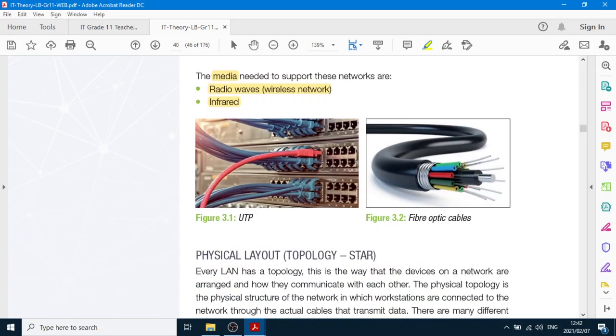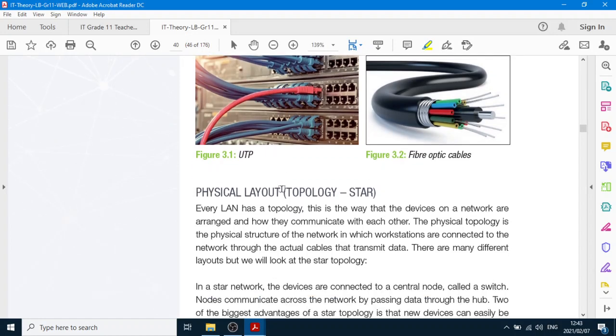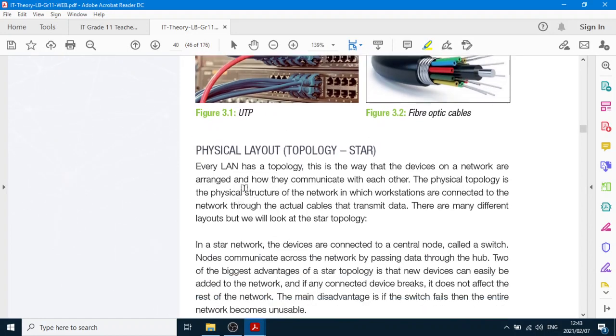So here's some nice pictures. The fiber optic cables have to be carefully packaged in a sheath, and then the UTPs, those RJ45 cables that plug into the switch. Telephone lines also use UTP, unshielded twisted pair, but they are smaller, thinner cables.